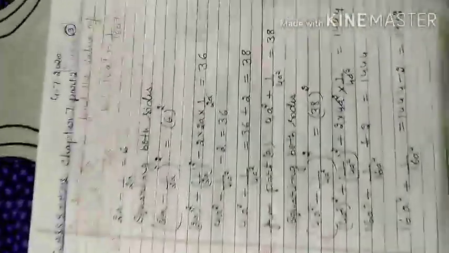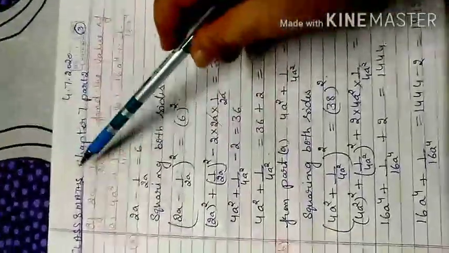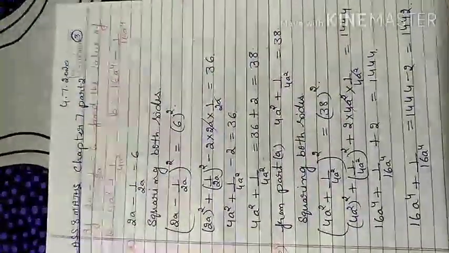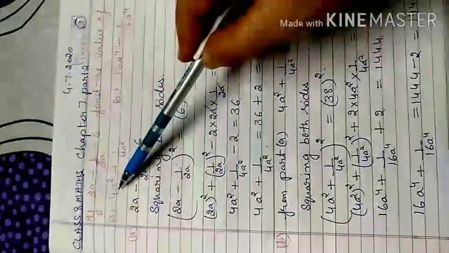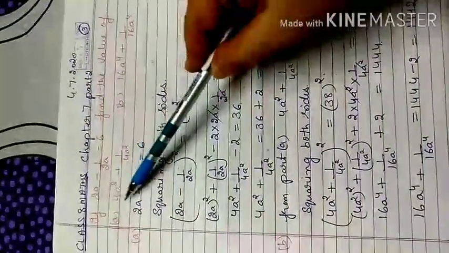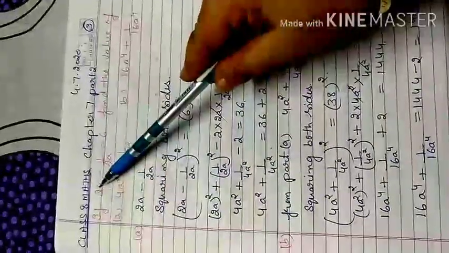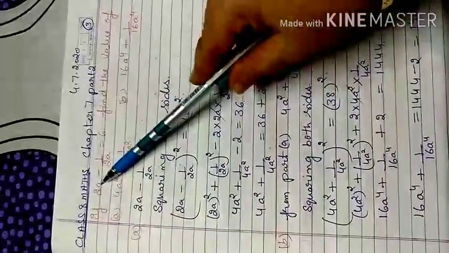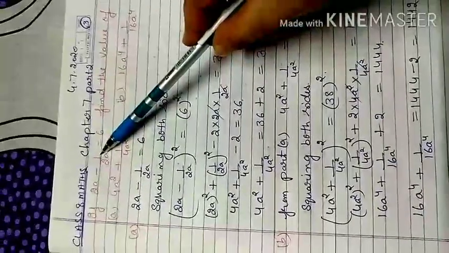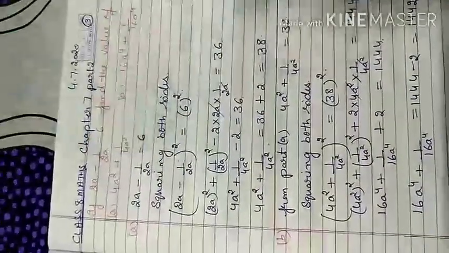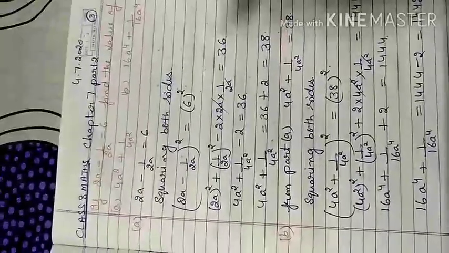But sometimes the question comes like this: if you are given 2a − 1/(2a) = 6, that is the statement given to you, but you have to find the value of 4a² + 1/(4a²). If you look at this, 4a² is the square of the first term, and 1/(4a²) is the square of the second term. First and second term squares are given to you, but the in-between term is missing.